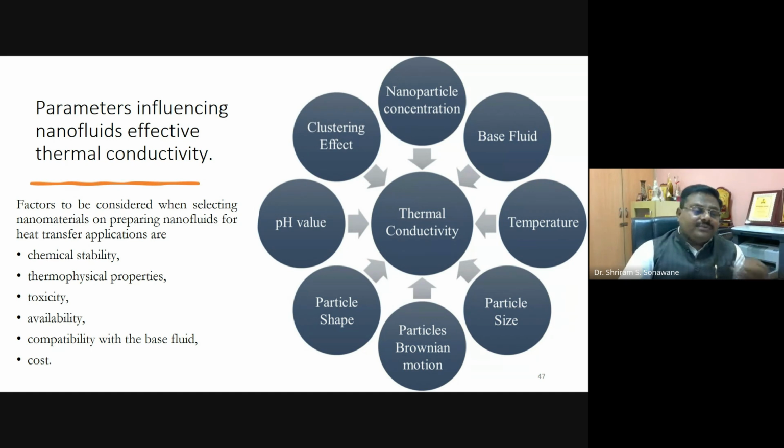Compatibility means, if you want to insert any nanoparticle into a base fluid, it will float on the surface, because the liquid won't allow it to get dispersed into it because of surface forces. So it is very important to understand what surface forces are.